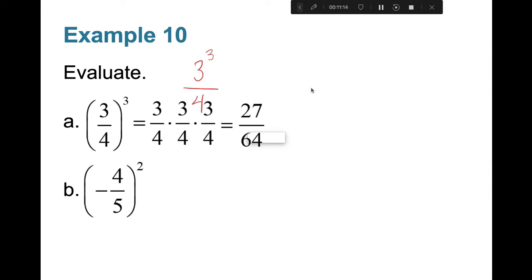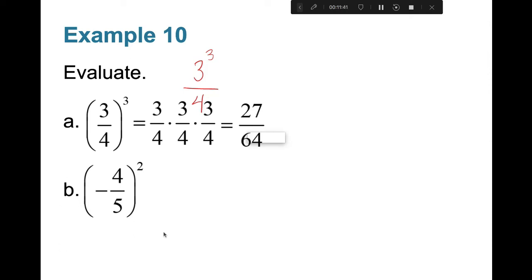Next, I have a negative 4/5 squared. So that would mean that both are negative. Yes. Good point to bring up, because the negative sign is inside the parentheses. Both of these are negative.